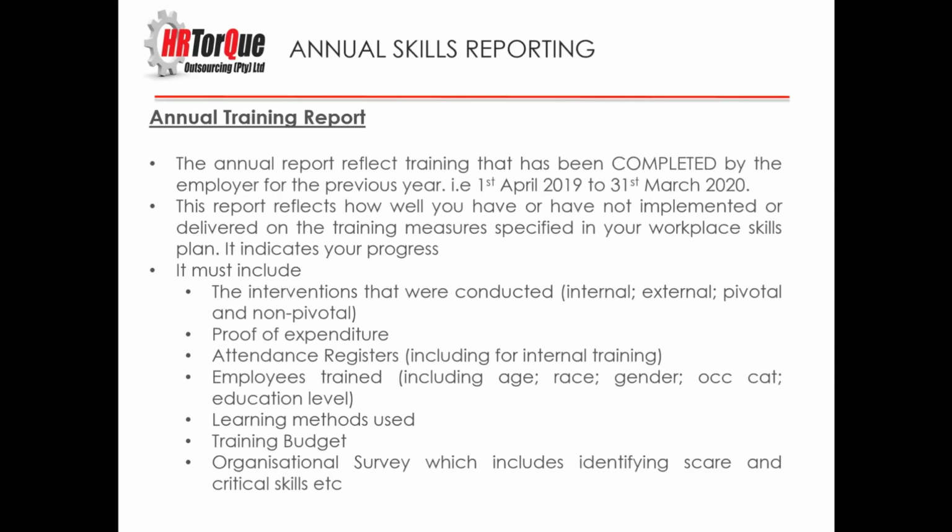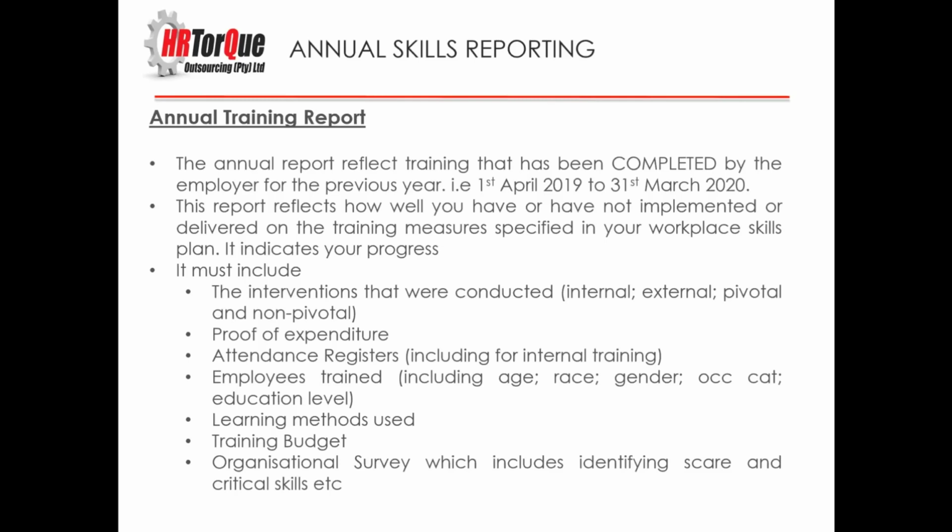It has to include the interventions that were conducted, both internal, external, pivotal, and non-pivotal. You must provide proof of expenditure and attendance registers. Specifically, and a lot of clients don't, for any on-the-job training, any training that you're providing within the workplace, so it could be one staff member training another one, whatever it may be, start getting into the habit of attendance registers, even for internal training.